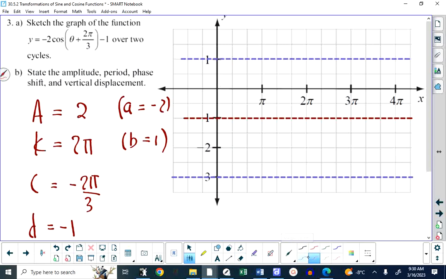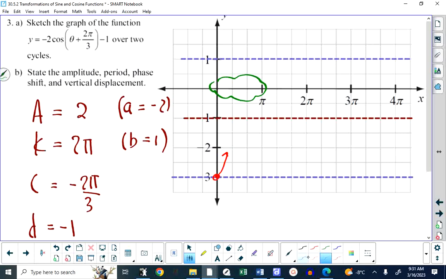But it doesn't start there, because the phase shift is negative 2 pi over 3. We have to take that start point, because it's part of the whole graph, and shift it 2 pi over 3 to the left.